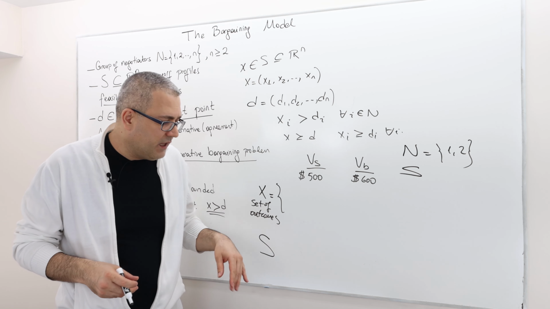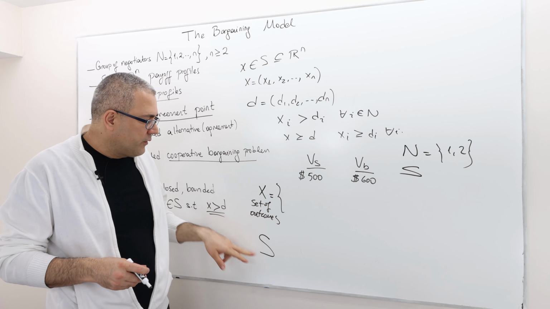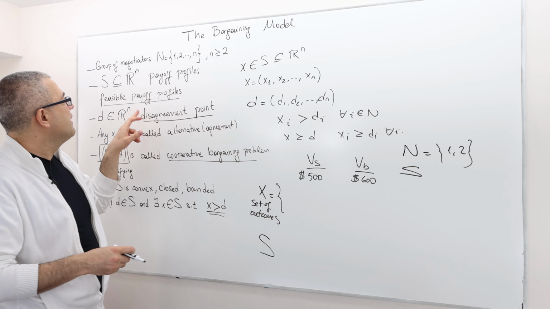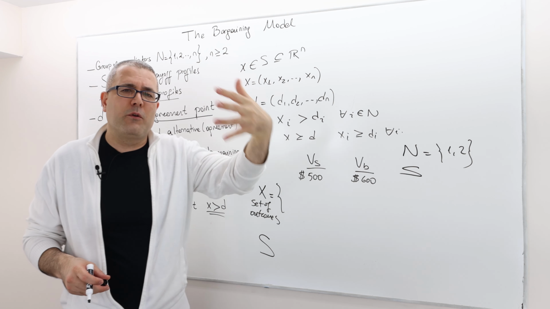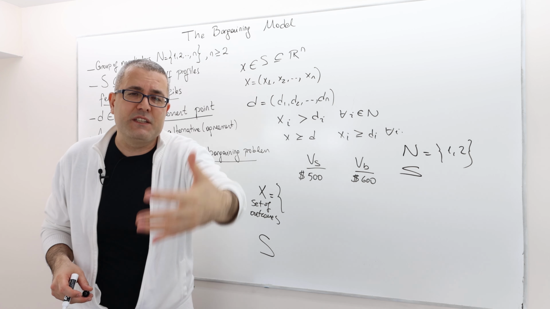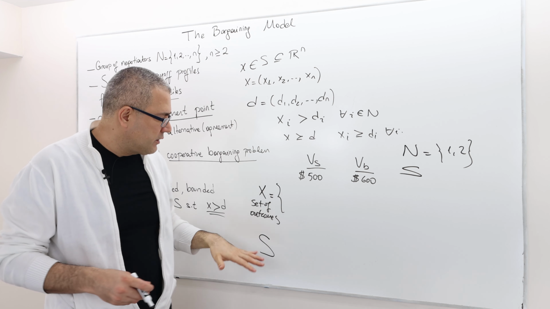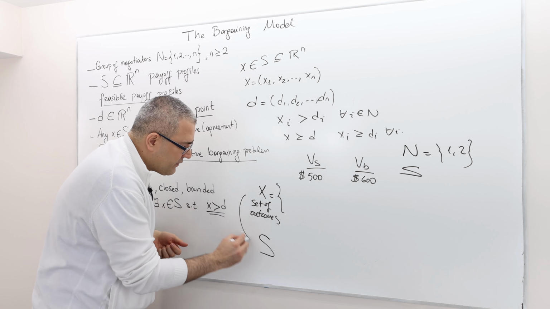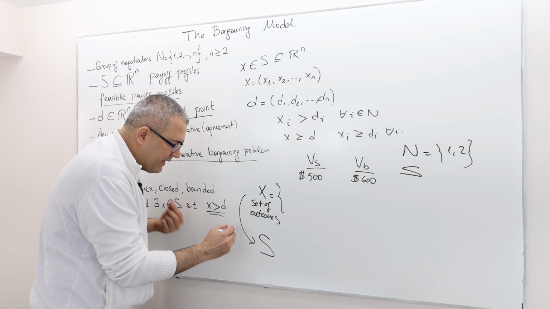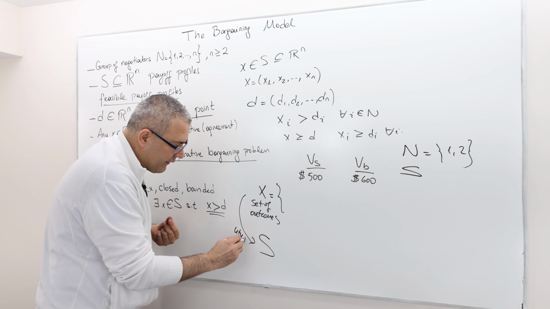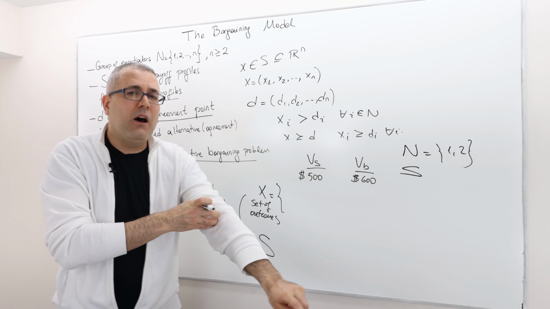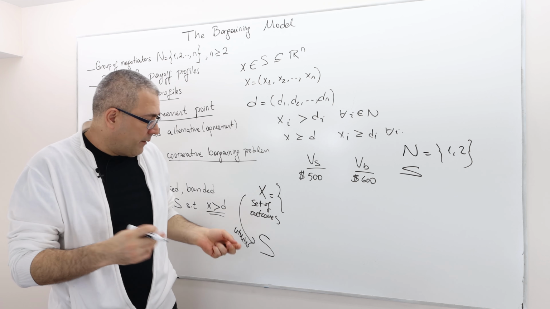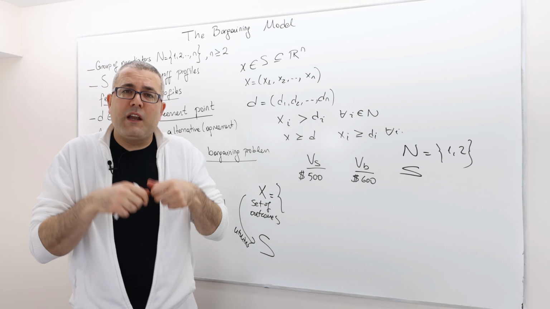Remember, this is the payoff profile, so it is how much utility they're going to get from every single alternative or outcome. So from X to this set S, I need to talk about utilities, all right? But here it's just outcomes. The utilities are defined over outcomes.